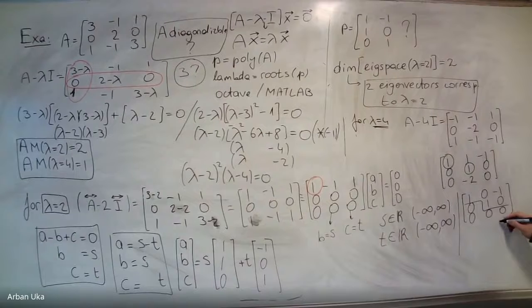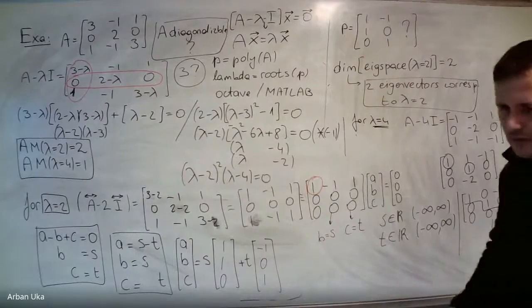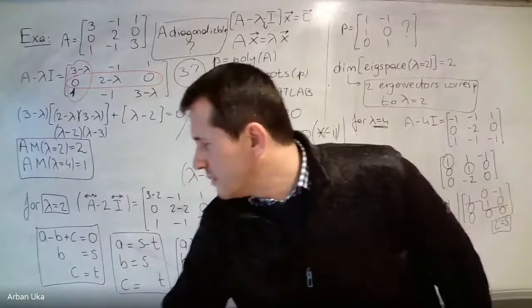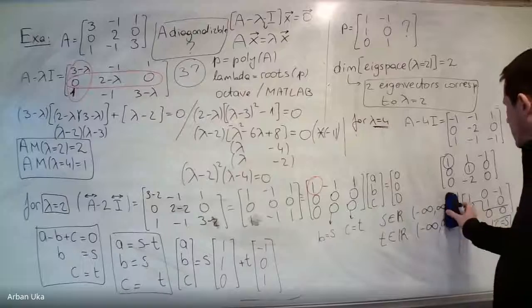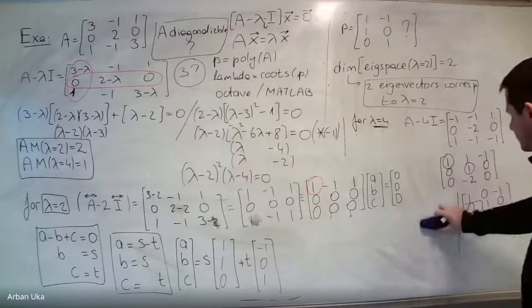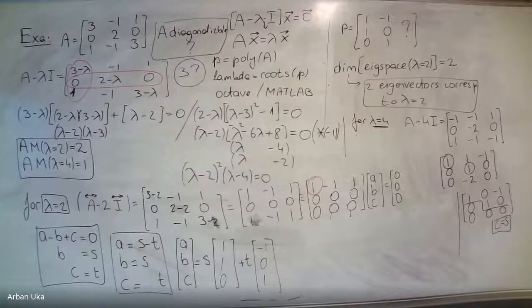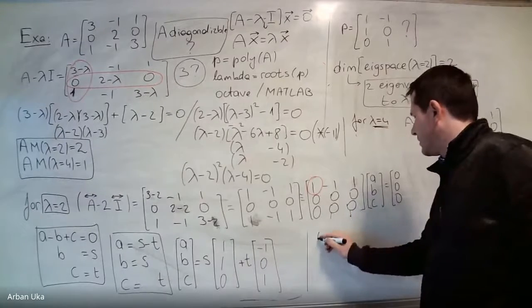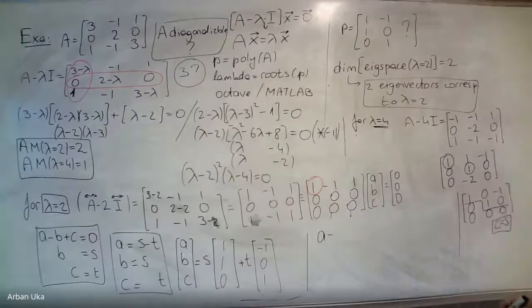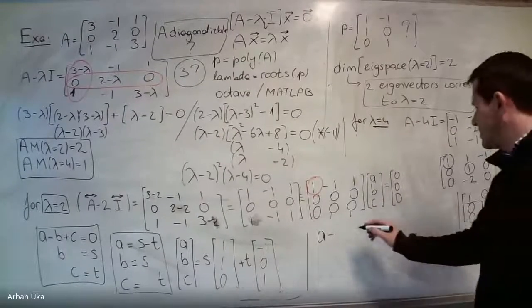So the free variable will state that C is equal to S. Okay? And the set of useful equations, we can write them somewhere here on the board. Let me take this away. So we have A minus C is equal to 0.